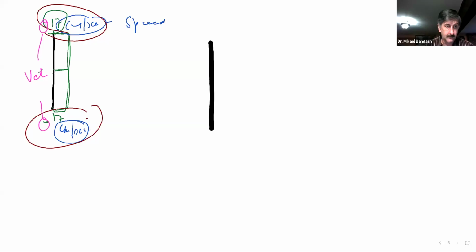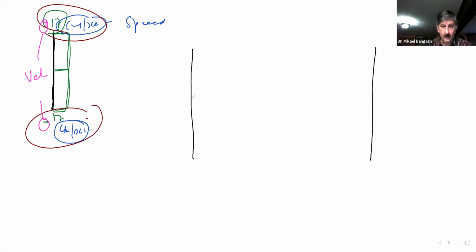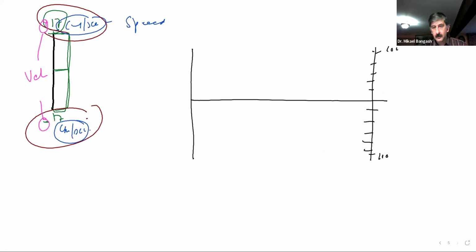And if, for instance, we look at this on our spectral Doppler, we had different numbers here. Let's just say we go all the way to 100. But both of these were still centimeters per second.